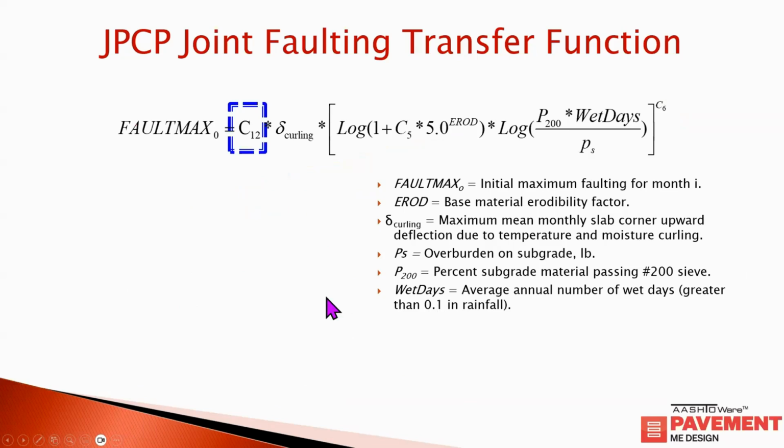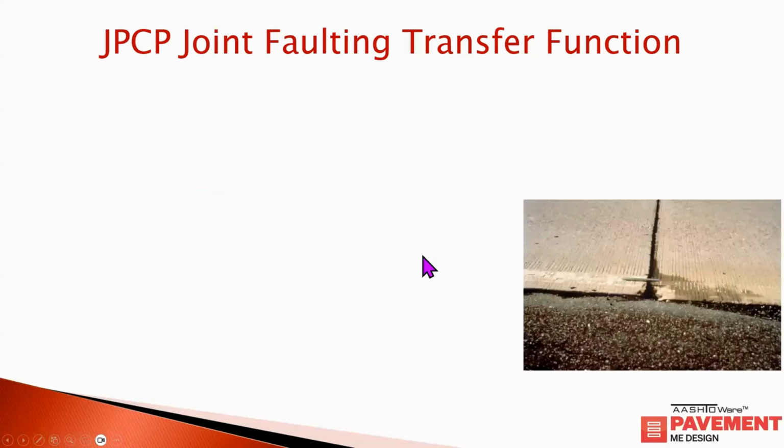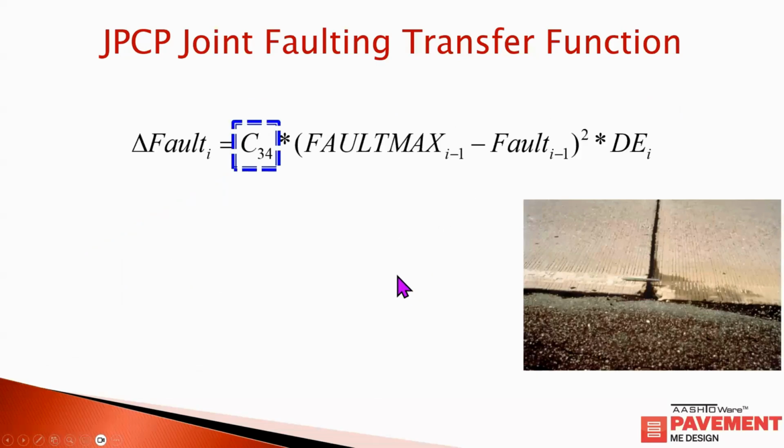And then there's the initial maximum faulting, which includes C5 and C6 again. And then has a C12, which is a composite of the C1 and C2 coefficients. And that's not all.